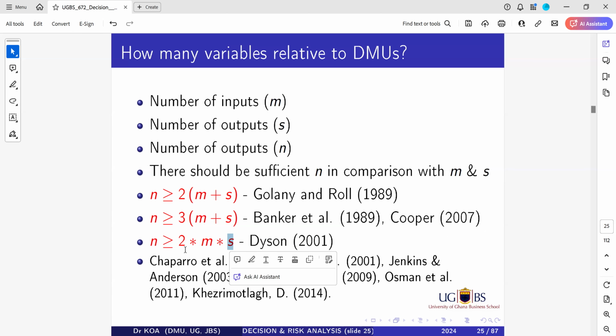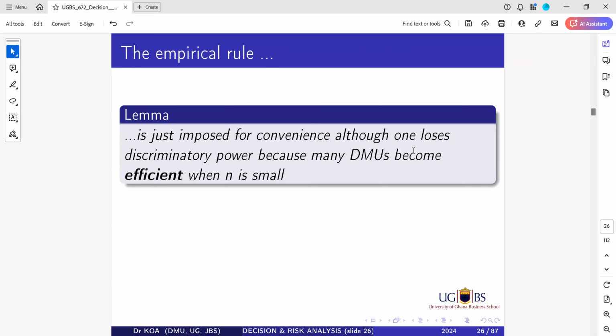So if the inputs are 6 and the outputs are 6, 6 times 6 is 36, and 36 times 2 is 72. So the sample size should be at least 72 for such a 6-input, 6-output case. That was a criterion that was given. So take note of the criterion and do that.